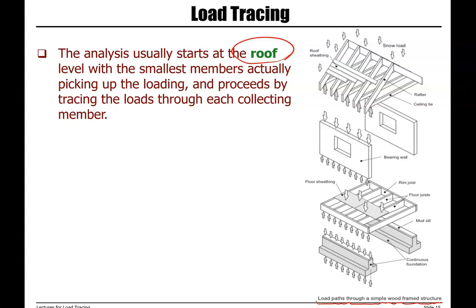So we look at the dead load and live load of the roof, and calculate how much load is transferred from the roofing system to bearing walls. So that's our first level.